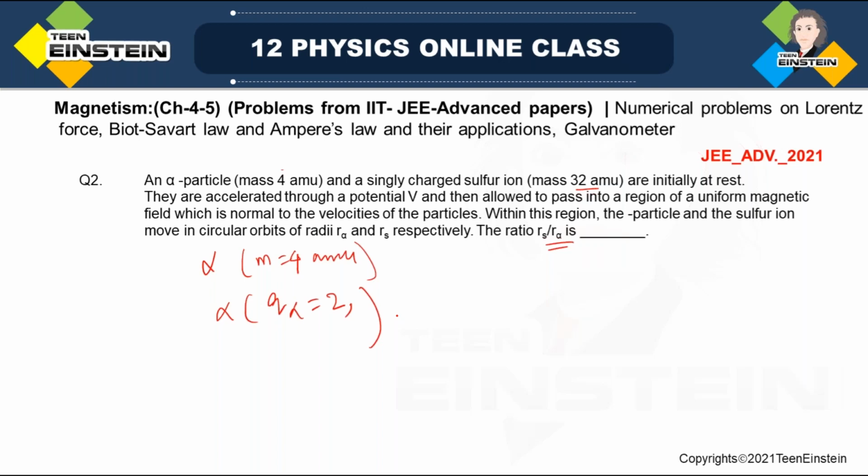You know there will be a magnetic force QVB on the charged particle when it is moving with a certain constant velocity. That magnetic force will give the centripetal force to move in a circular path. Okay, so QVB is equal to mv square by r.